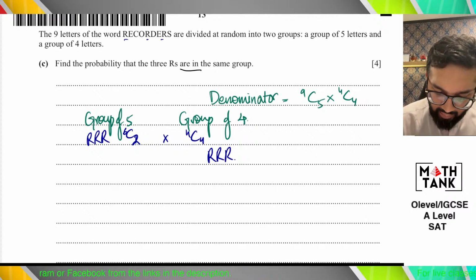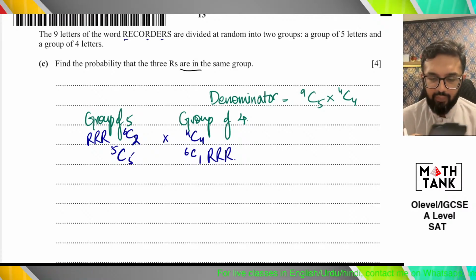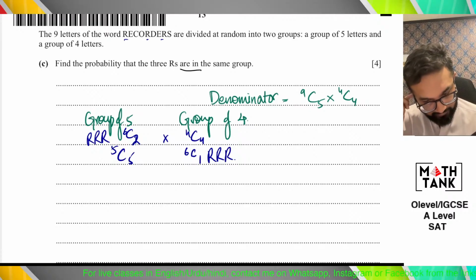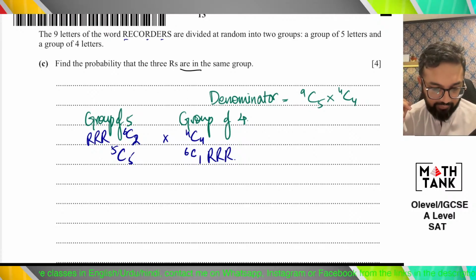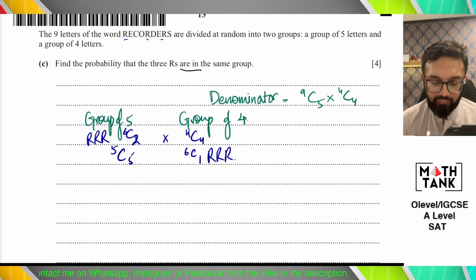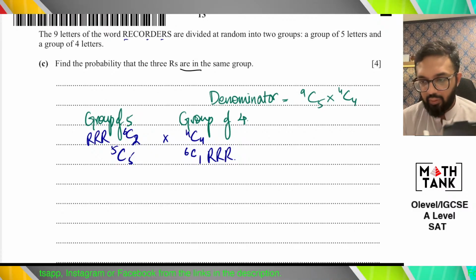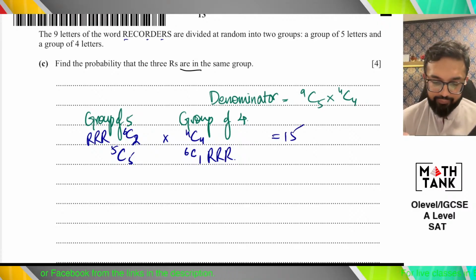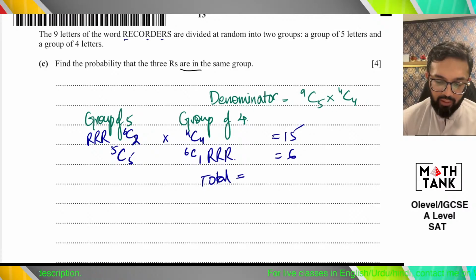And then I have 6C1 and 5C5. That's 15. That's 6. That's a total of 21.